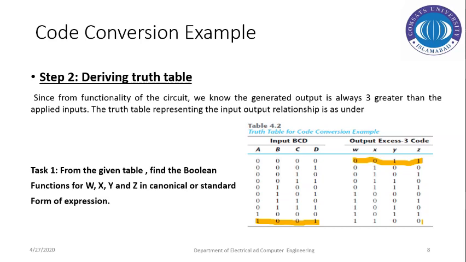For example, the combinations from 1010, that is the binary value of 10, till 1111, that is the binary value of 15, are not valid BCD numbers. So the output should remain in its undefined state. W should possess a value of X, where X has been labeled as an undefined state.